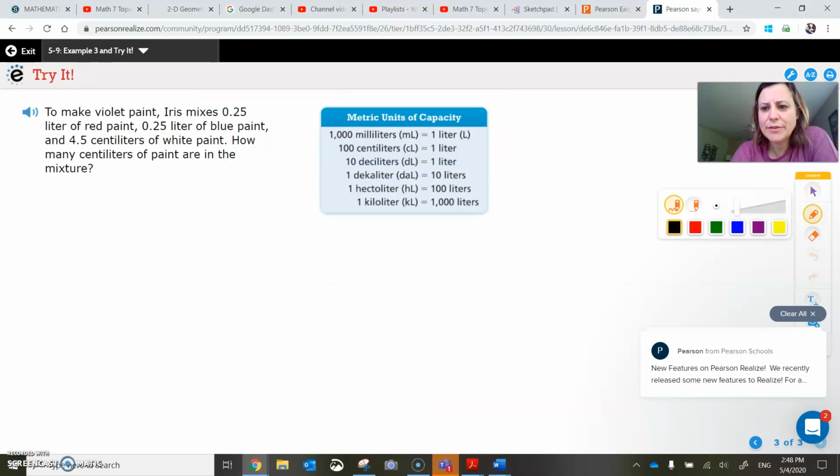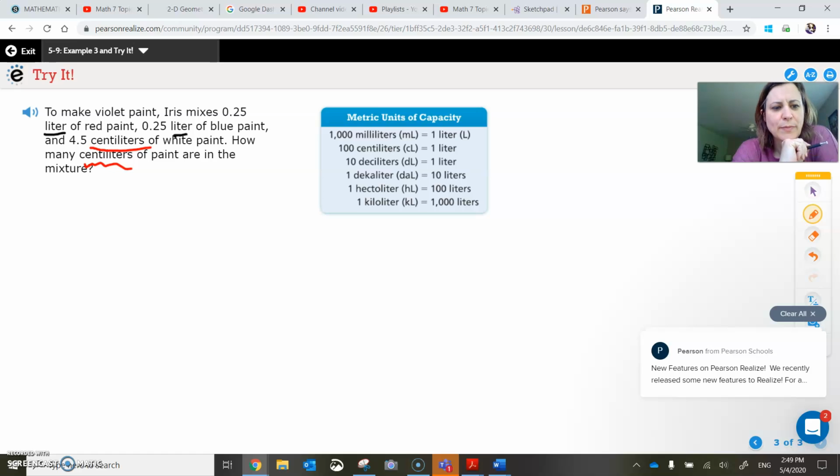Okay, so for example 3, let's check this out. If you read it carefully, there's 0.25 liters of red paint, 0.25 liters of blue paint, and 4.5 centiliters of white paint, and we want to know how many centiliters of paint there are in the mixture. There's a couple ways you can do this.